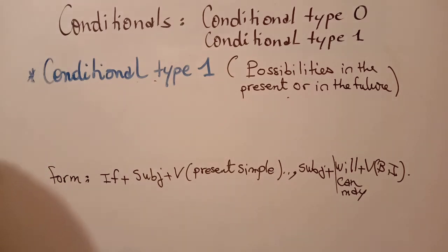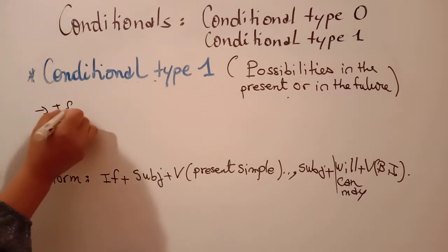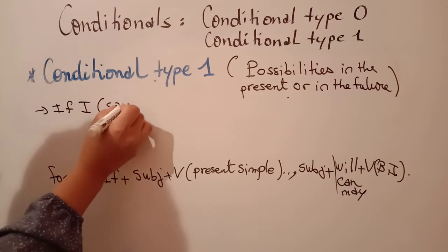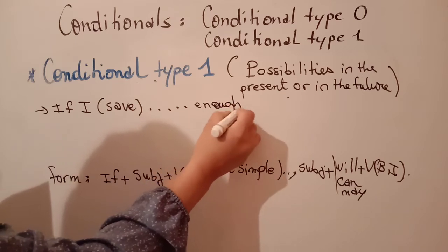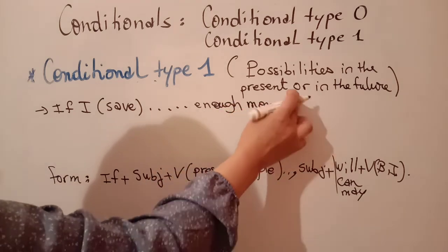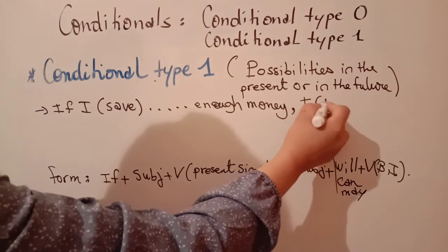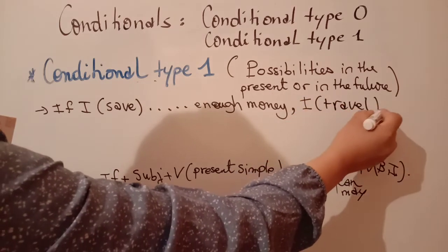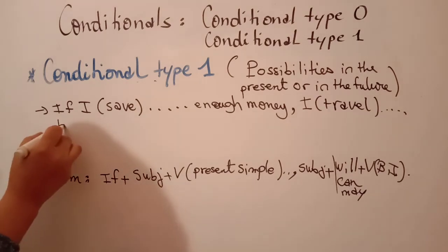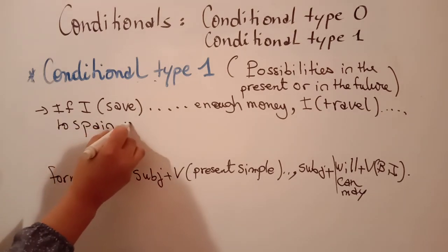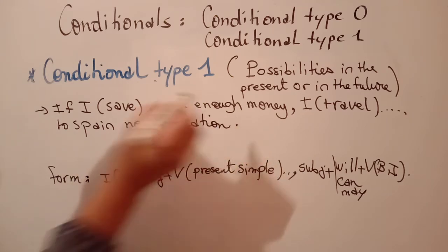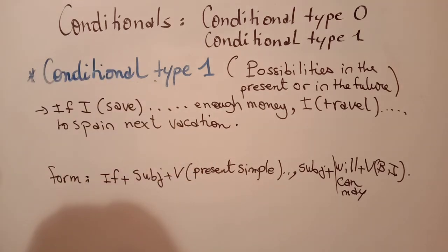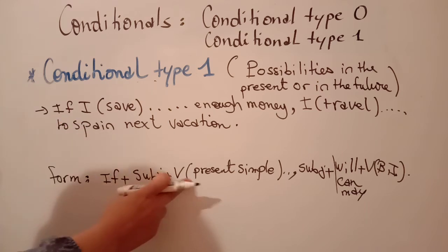Okay, so for example, if you have the verb save, enough money, comma, I, and then you have the verb travel, to Spain next vacation. Next vacation. So here you have possibility in the future. So if I apply the form, in the if clause I have verb present simple.